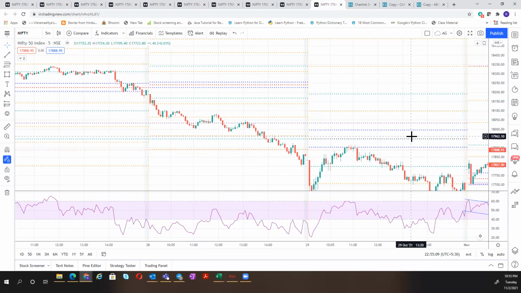So I'm not using a thumb rule that I want to see divergence only above 70 and below 30. As an intraday trader, what should be your primary guide to the market, along with pivots? If you are scared to trade at pivots as a beginner, then only use RSI signals.